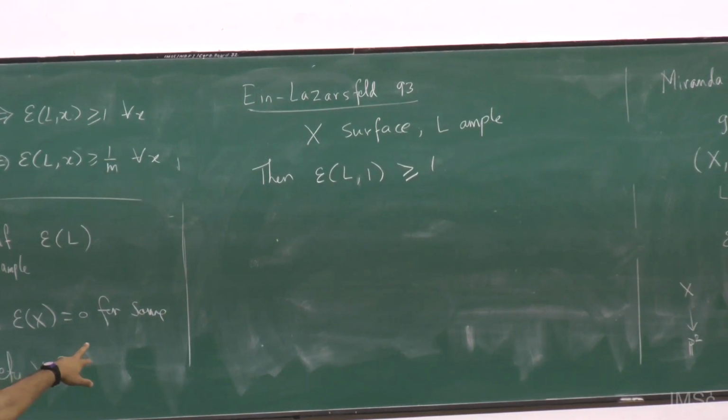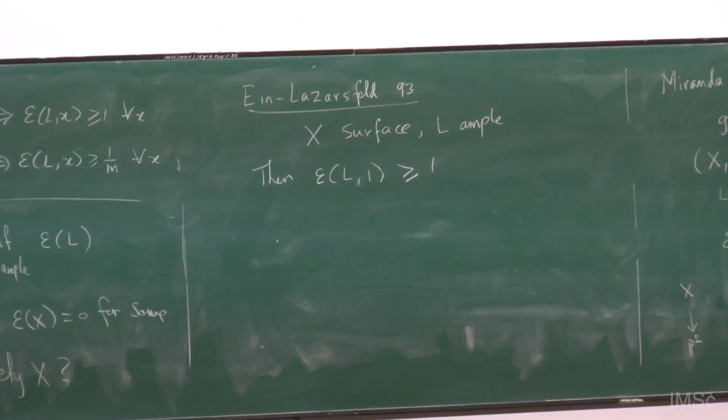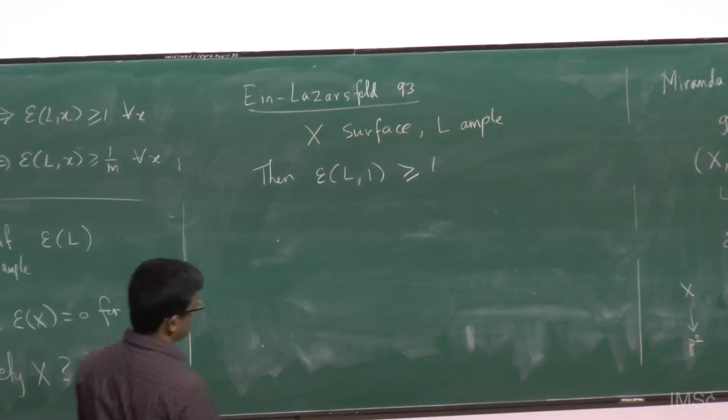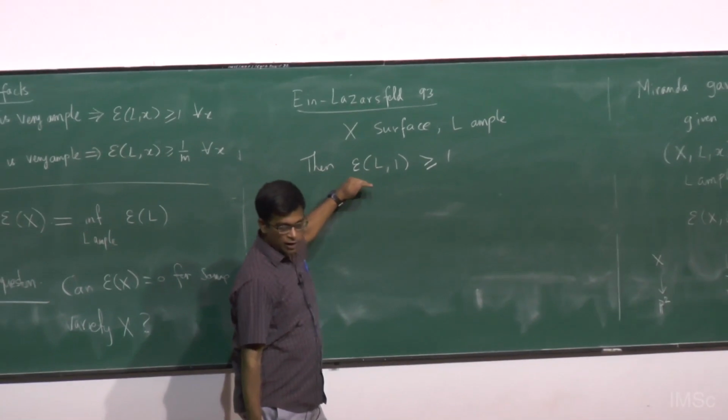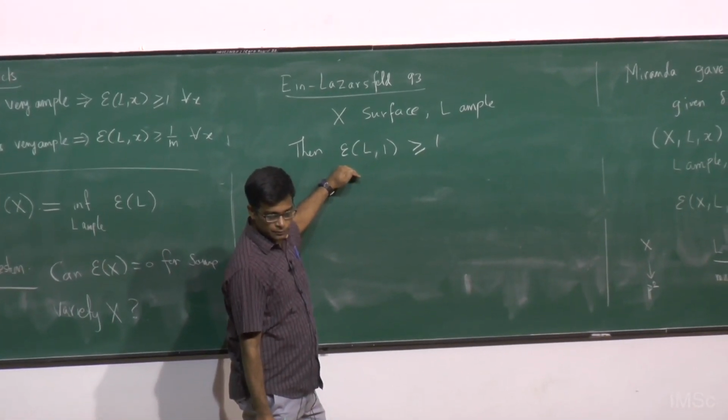I think they mention it in their paper. While the Seshadri constant can be very small at special points, the largest one has to be at least 1.